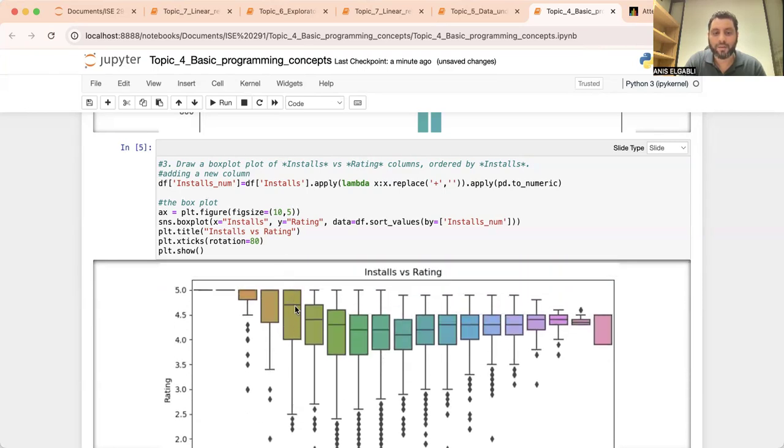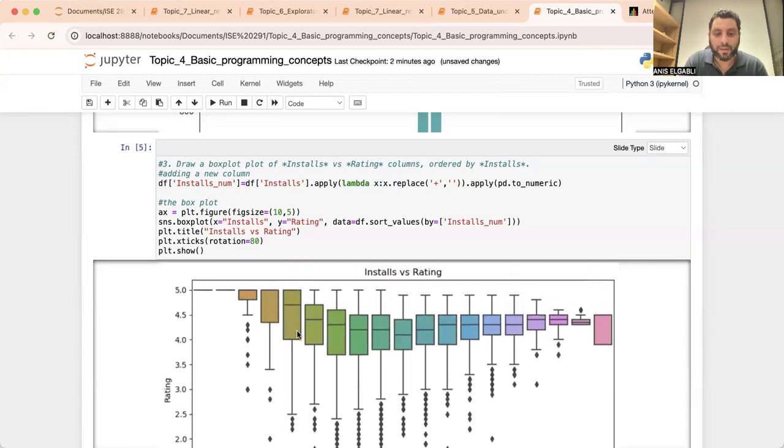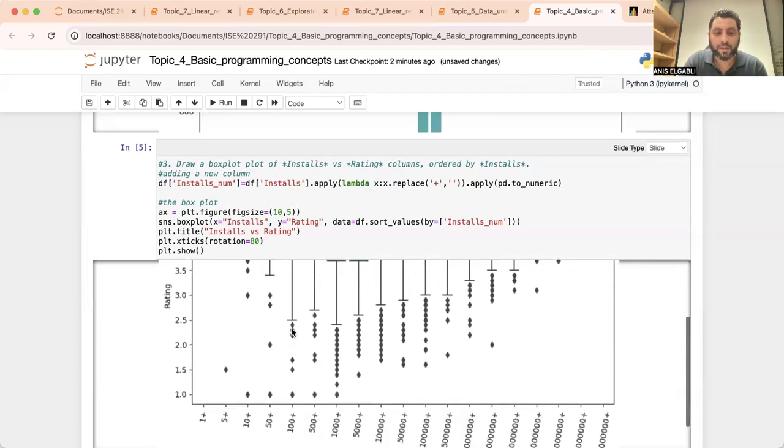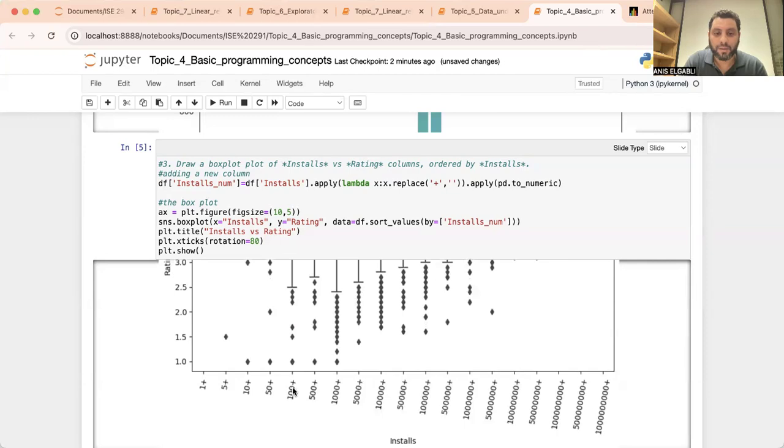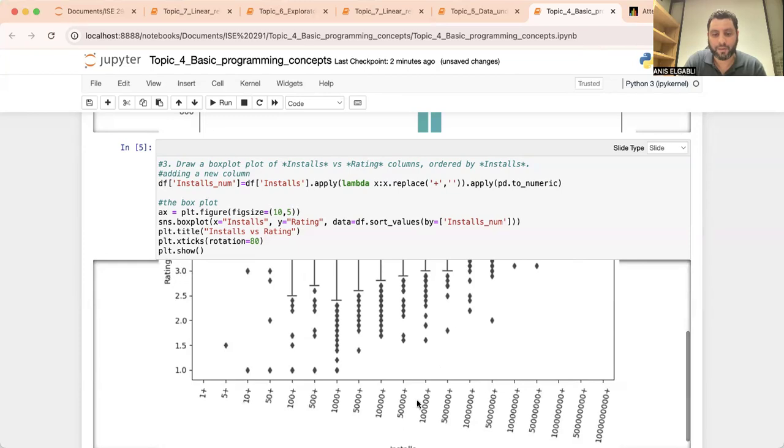This is the statistics of the rating attribute for the applications that were downloaded 100 plus times. It's not the statistics of the overall rating attribute. No, it's just the statistics of the rating attribute for the entries in which the number of installs is 100 plus. And the same goes for every one of these.